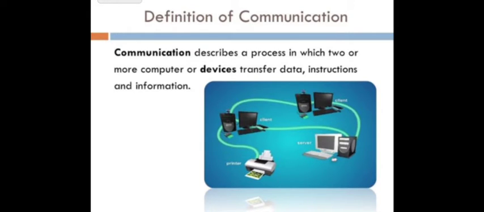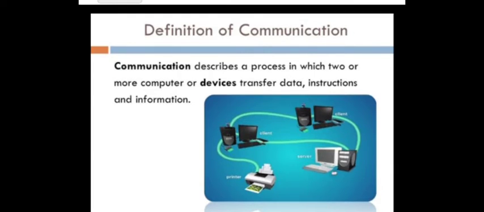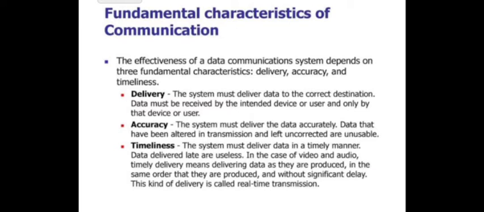Now the effectiveness of a communication system depends on three fundamental characteristics: delivery, accuracy and timeliness. First, the system must deliver data to the correct destination.